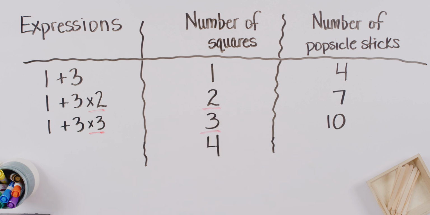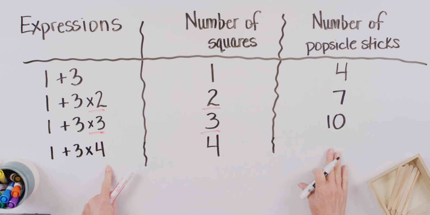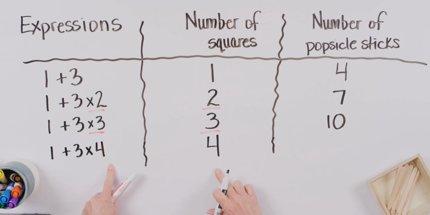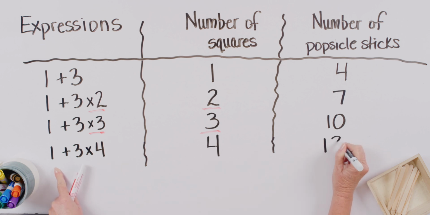What might I do for my next one? Yeah, I had my 1, I added 3 to it, but to get 4 squares, I need to multiply that 3 4 times, don't I? And how many popsicle sticks would we have if I wanted to create 4 squares? Well, 3 times 4 is 12, plus my 1 is going to give me 13.